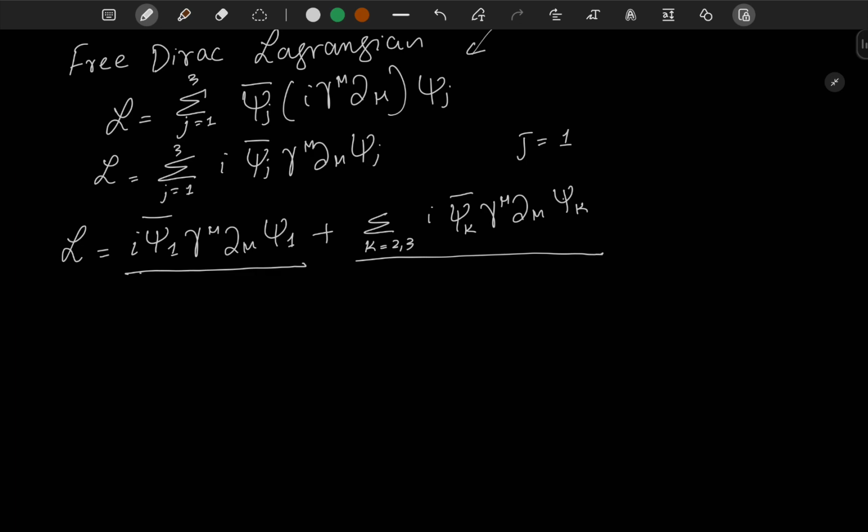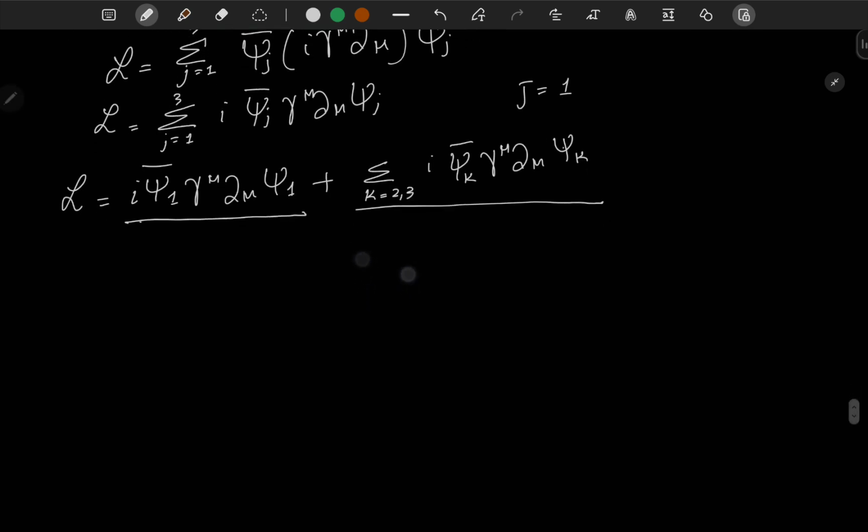So the singlets, k equal to 2 and k equal to 3, follow the same global transformation law as we did in the QED case. So the Lagrangian is invariant under the global phase transformation for psi3 and psi2.